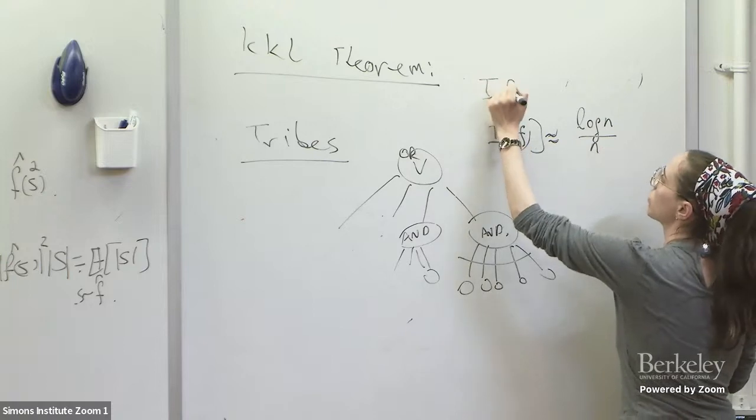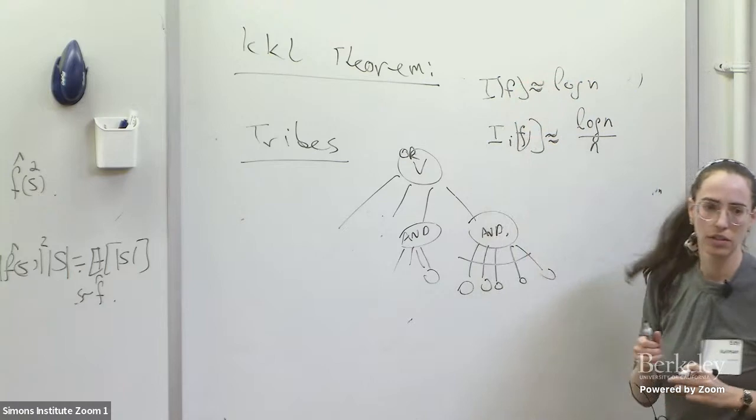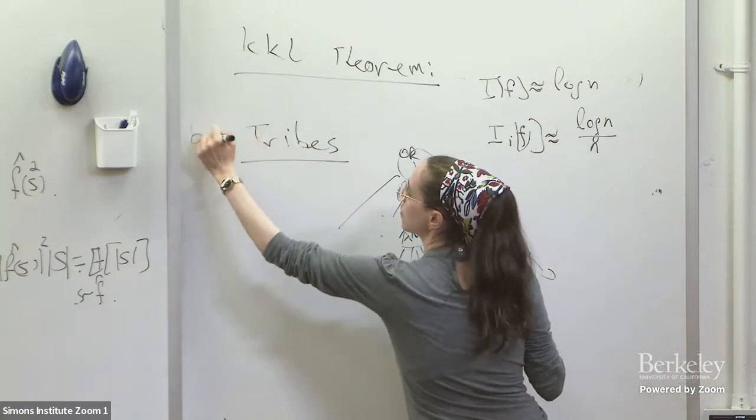The total influence is of course log n. This is when you choose it so it's balanced, so the function is roughly half-half. Yeah. Okay. So balanced.